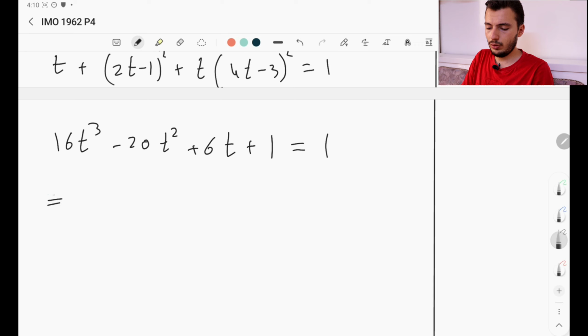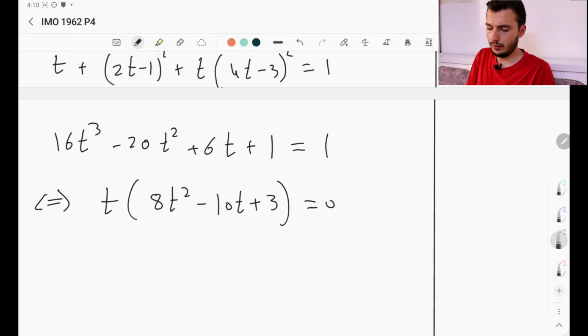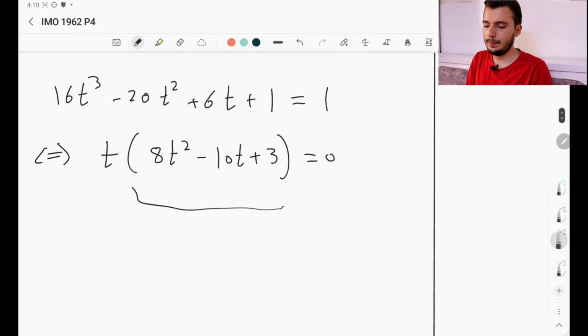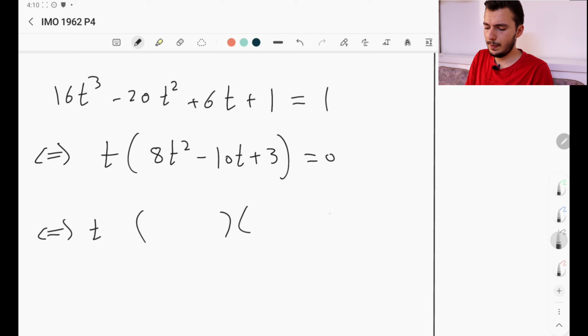So now the equation is just t times 8t squared minus 10t plus 3 is equal to 0. Alright, let's factorize this. Hope we can do it without delta. Let's try.